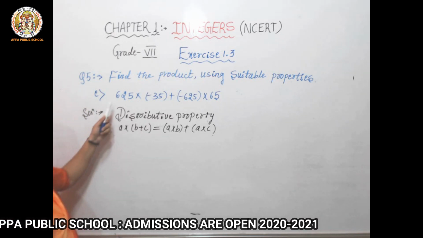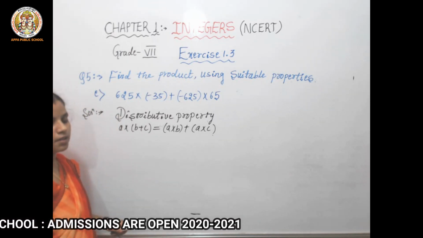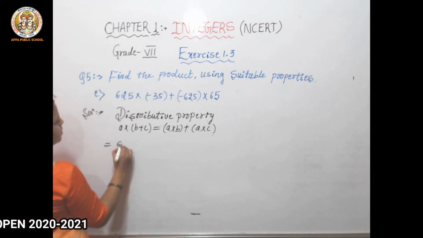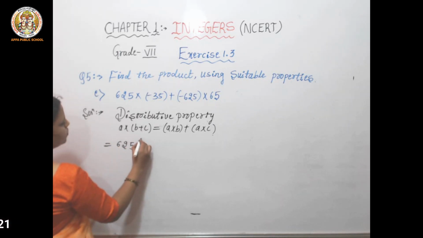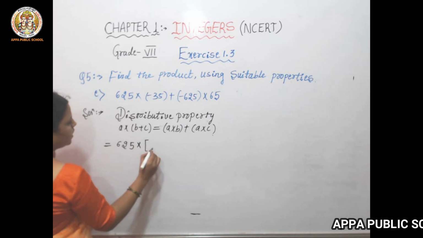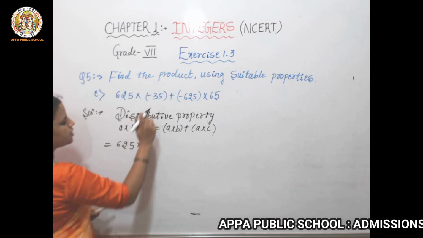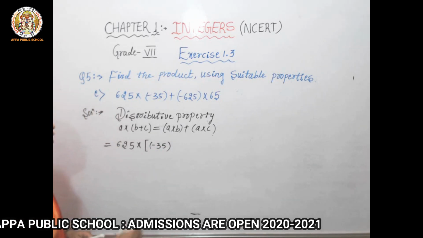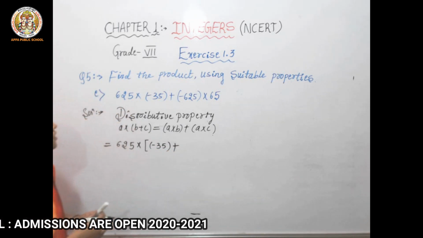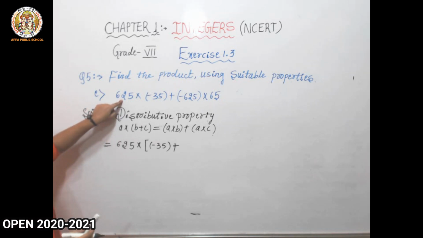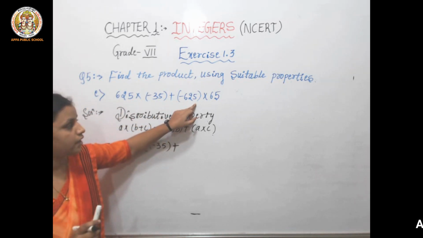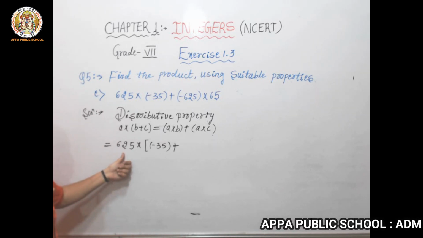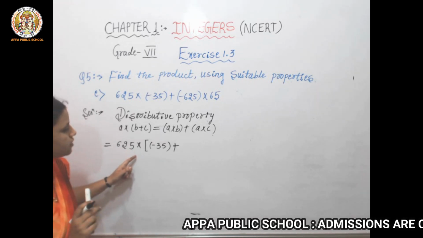Now take 625 as common. So with 625 as common, inside we remain with minus 35. Okay? Plus, see children, here 625 is positive whereas here 625 is negative. But outside we took plus 65, that is positive 625 as common.